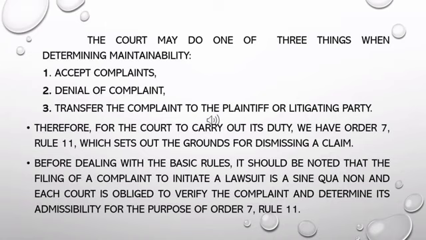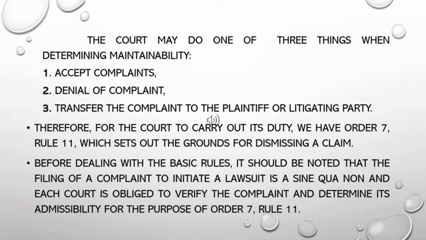So, with the problem or issue raised by the plaint, the valid points are considered, and the complaint should be accepted. The second is denial of the complaint. Here one is acceptance and the alternate is denial. So denial of the complaint is also very important.